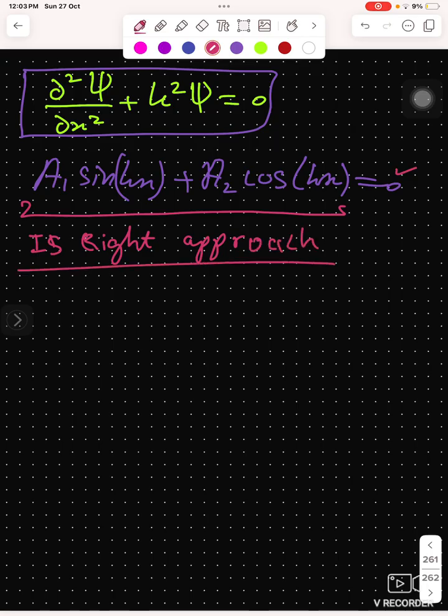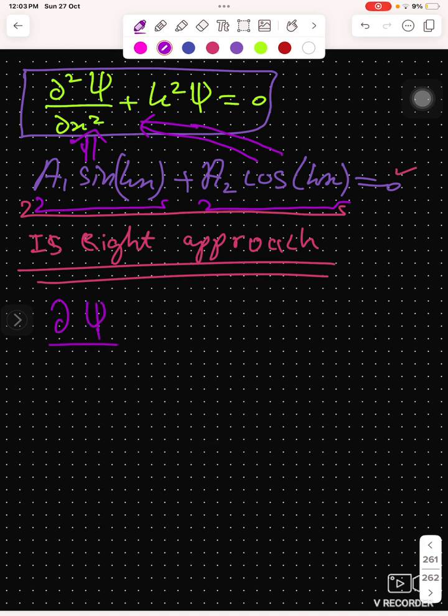If we take the derivatives of these two, what do we get from the first derivative?